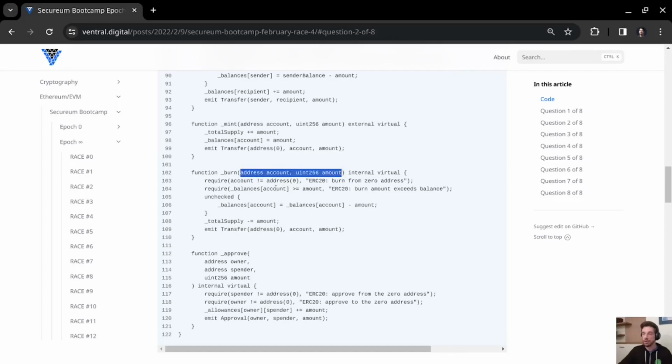Because this happens from time to time, a public burn function, and usually what happens is that this is exploited to burn all of the tokens in some exchange.